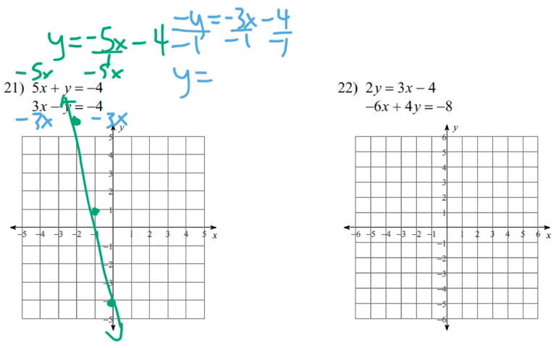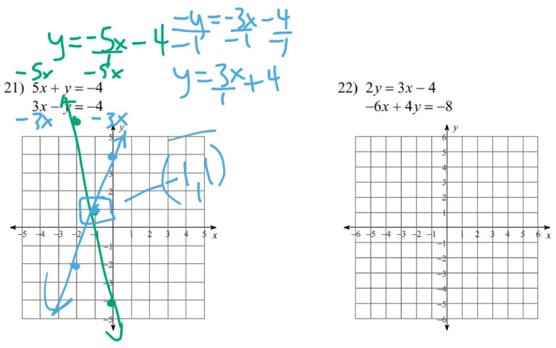We get y equals positive 3x over 1 plus 4. So up to 4. Now it's positive, so we know it's going in this direction. We can go up 3 to the right 1 or down 3 to the left 1, and we see right off the bat where it intersects, even though my line wasn't the best. That's why you draw as many points as possible, because you can see better where you're going to intersect. So we got one answer at negative 1 over 1.